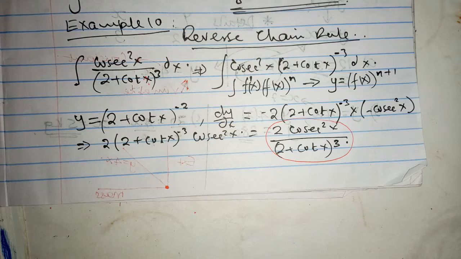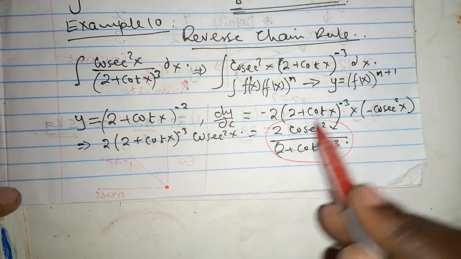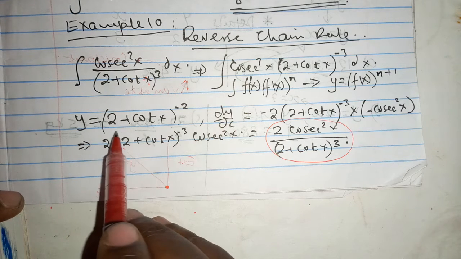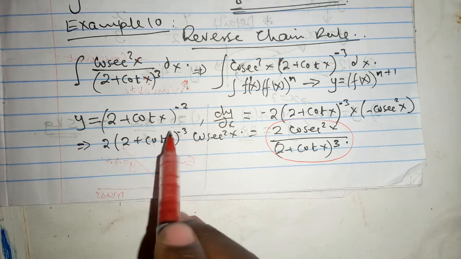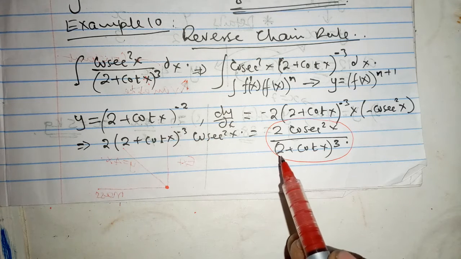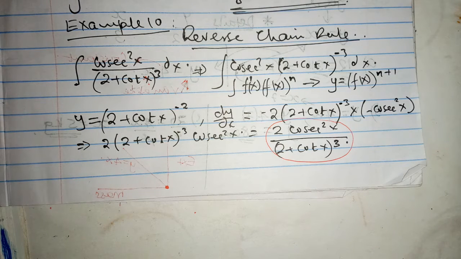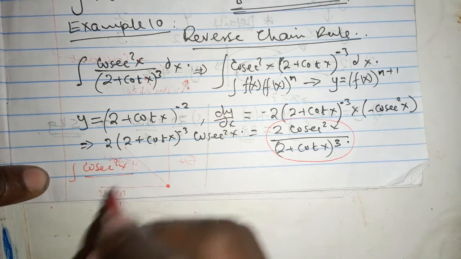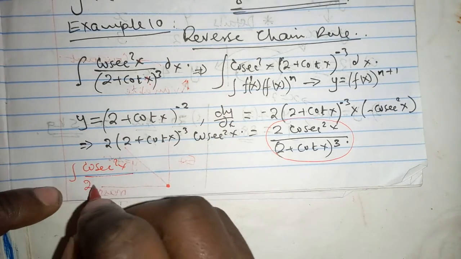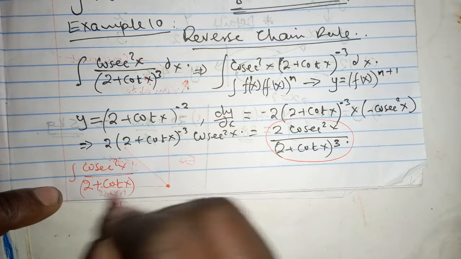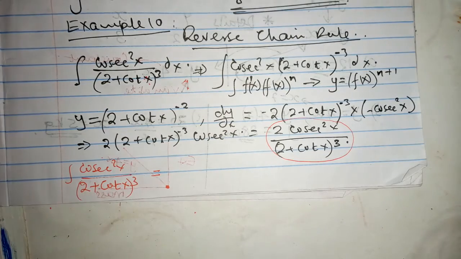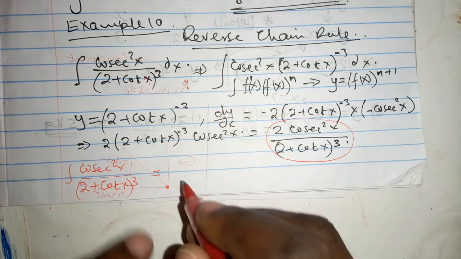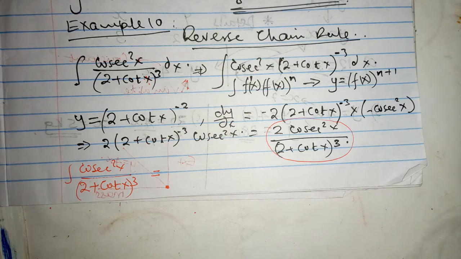So whatever we took our function to be, that is y equals (2 plus cot x) to the power of minus 2, has now to be divided by 2. The integral of cosec squared of x all over (2 plus cot x) cubed is what we suspected, but half of that.